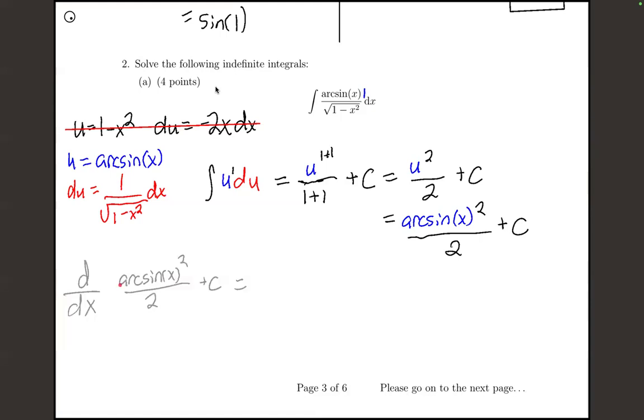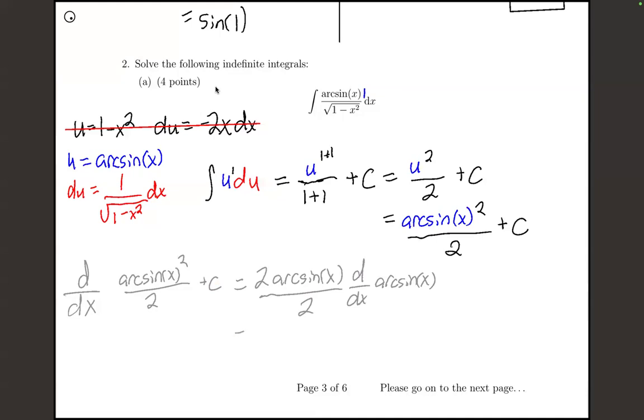If we consider the outside function as x squared and the inside function as arc sine of x, we can use the chain rule. So we end up with 2 arc sine of x over 2. And then we need to take the derivative dx of the inside, which is arc sine of x, and the plus c goes away because it's a constant and we're taking the derivative with respect to x.